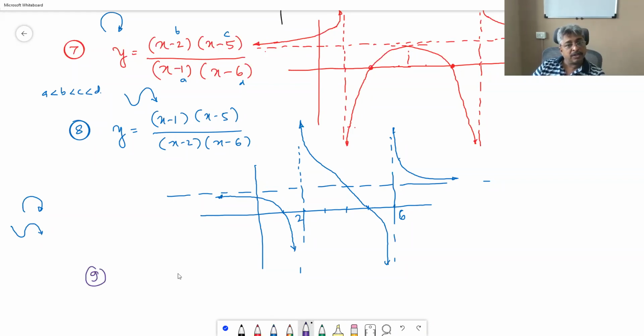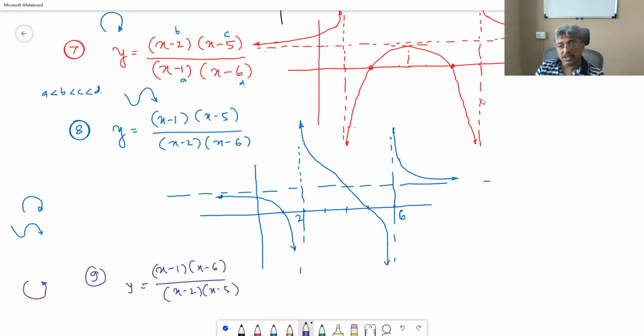Let us take the reciprocal of 7. (x minus 1)(x minus 6) upon (x minus 2)(x minus 5). That means we are now doing this. So we have a total of 4 types, and if we know the nature, our job will be very quick eventually.